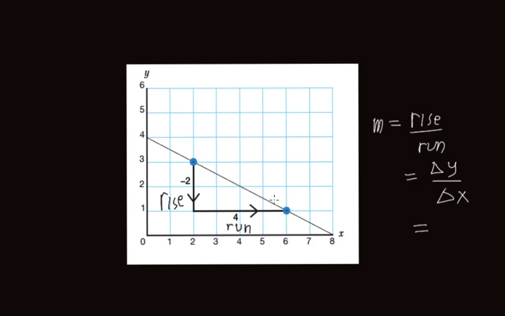The rise is minus 2 over the run, which is 4. We cancel, and we get minus 1 over 2. Like I said before, in the condition of our straight line graph, it must be a negative gradient.